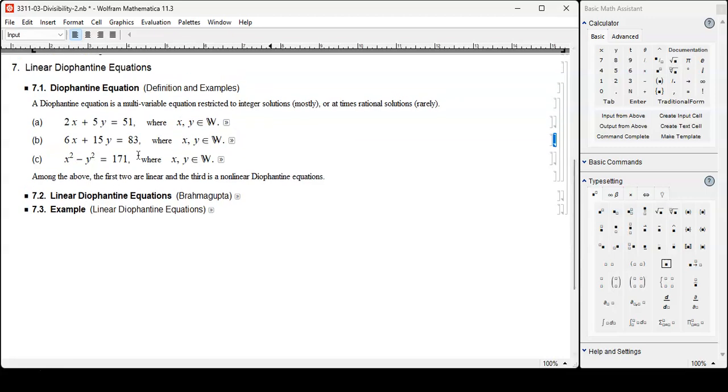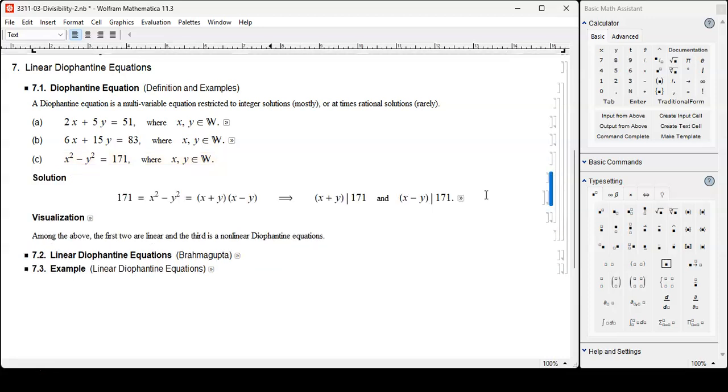How about the next example here? This is nonlinear, but we can bring it down to linear equations. We can factor: x squared minus y squared can be factored into x plus y times x minus y. So x plus y must divide 171, and x minus y also is a factor.